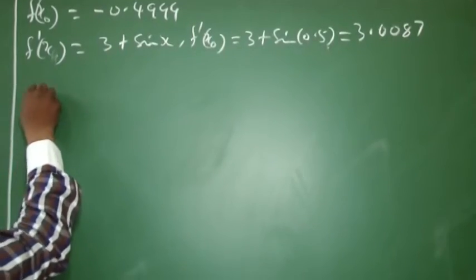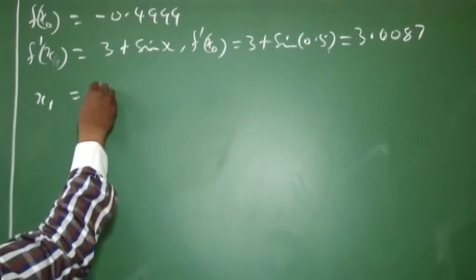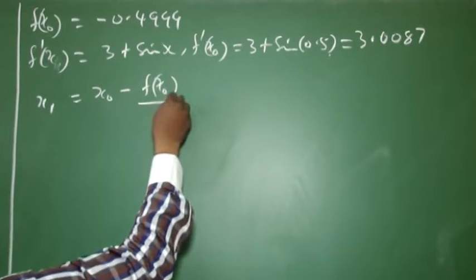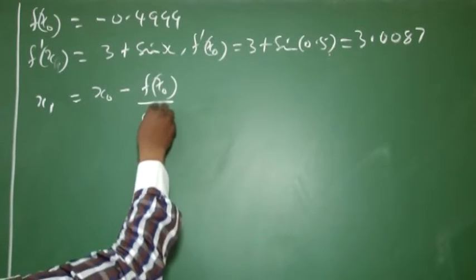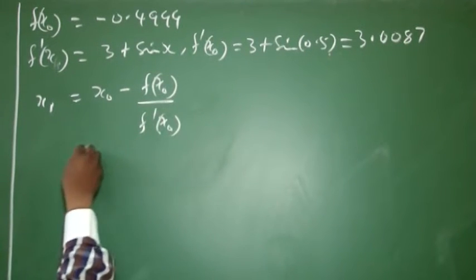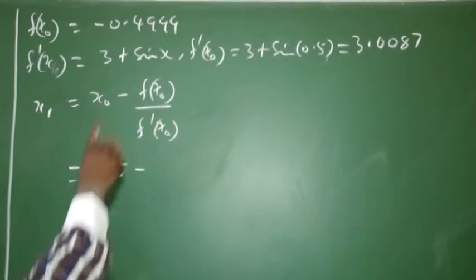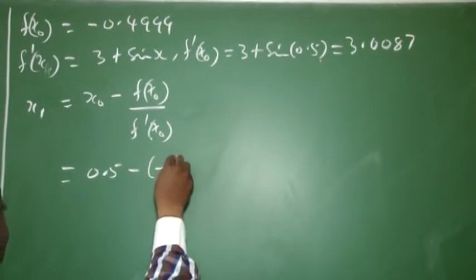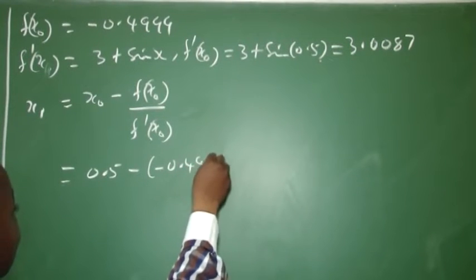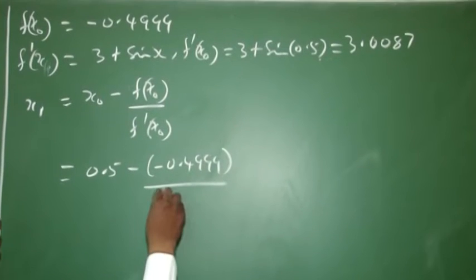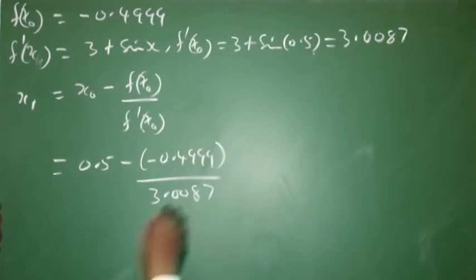It means that x1 will be equal to x0 minus f of x0 over f prime of x0. x0 is 0.5, minus f of x0, which is minus 0.4999, over f prime of x0, which is 3.0087.